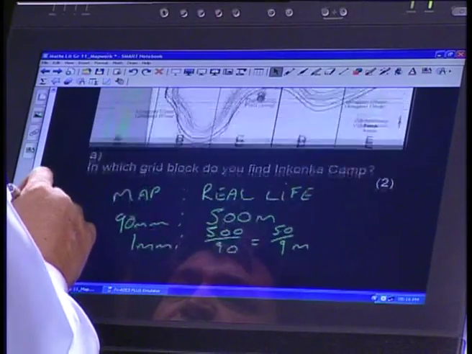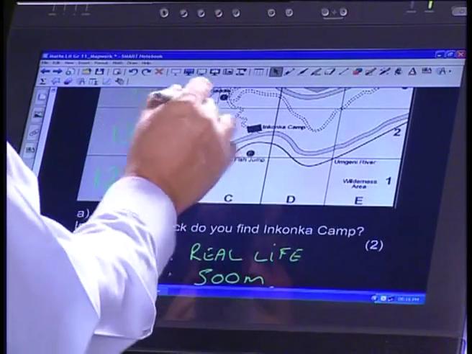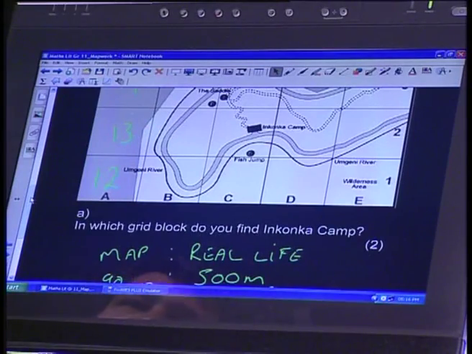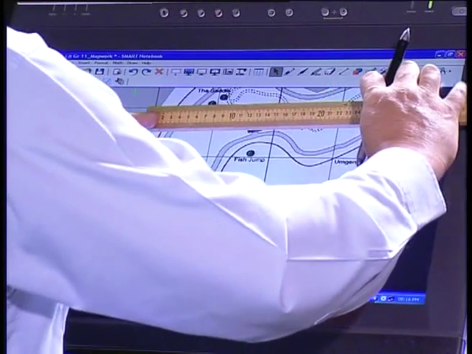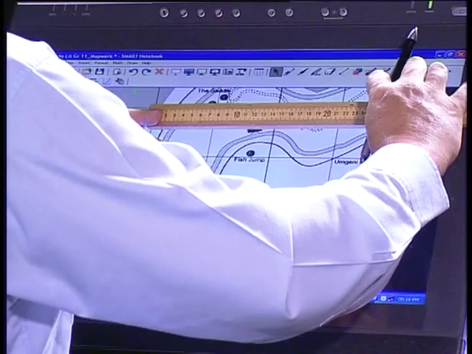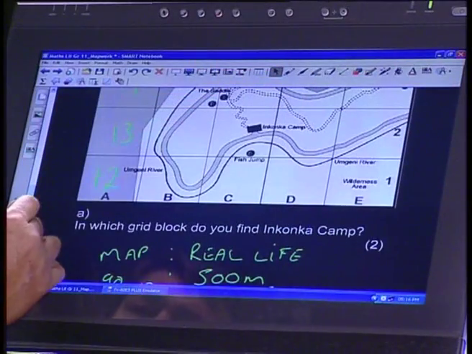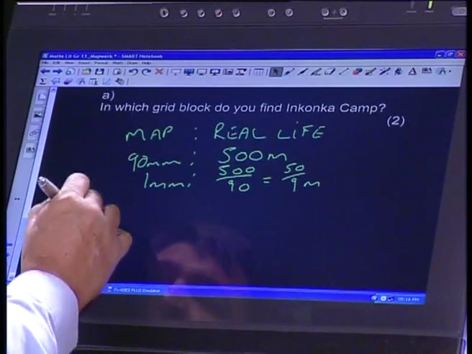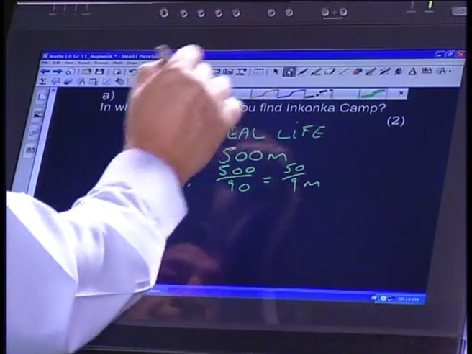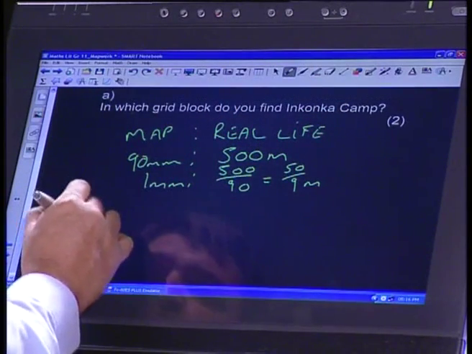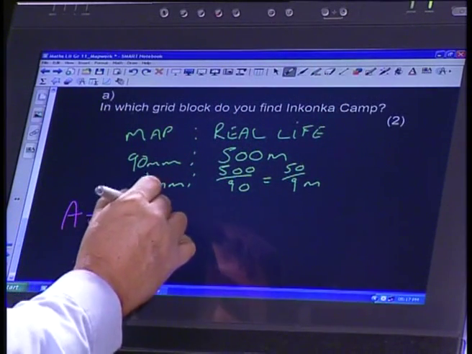Okay? So let's go. Now, the question, let's find out how big one block is. One block, we've got 70 millimeters. So I know area is equal to length times breadth.